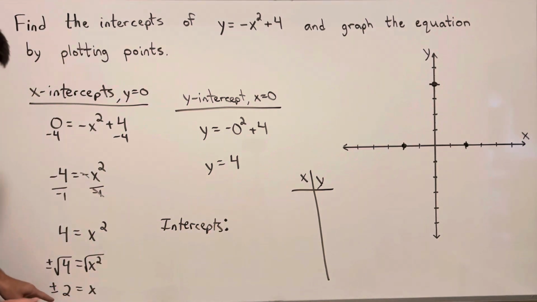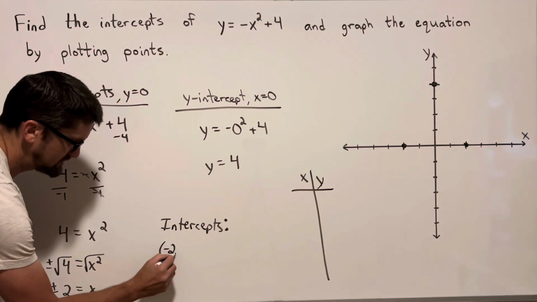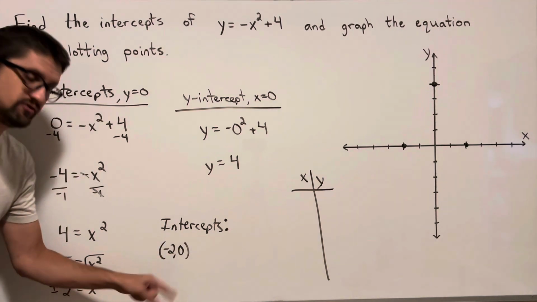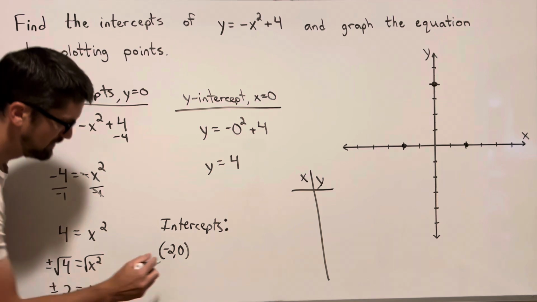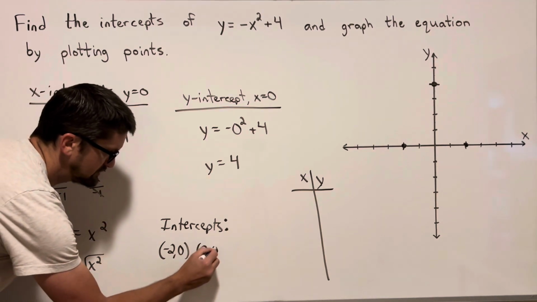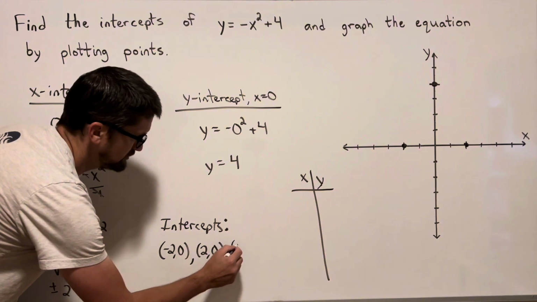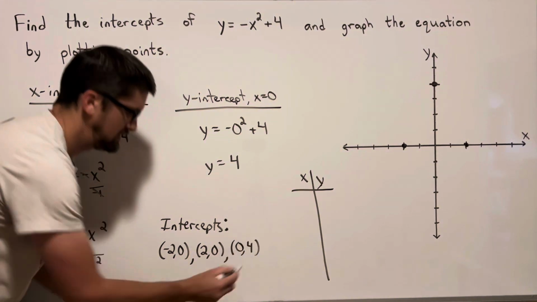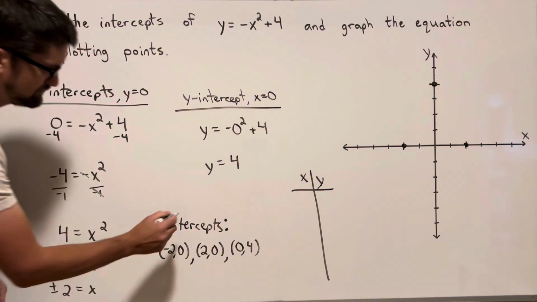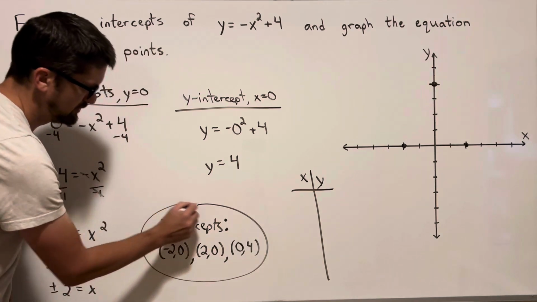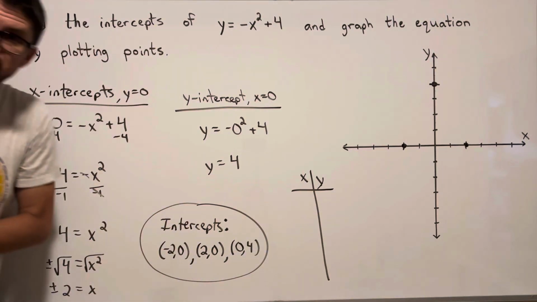We have negative 2, writing that as an ordered pair, would be negative 2 comma 0 in parentheses. And then we also have 2 comma 0. And we also have the y-intercept. That would be 0, 4.